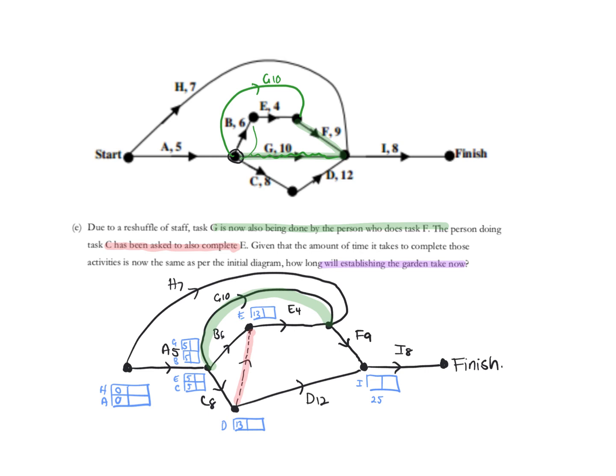All right, and then obviously we got F. Now F has a few leading in there. It could come via H, which would just be 7. It could come via G, which would be 5 plus 10, which is 15. It could come via E, which is 13 plus 4, which is 17.